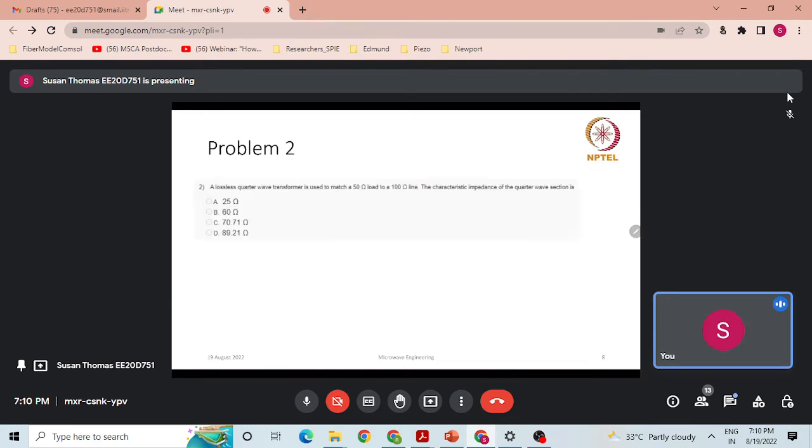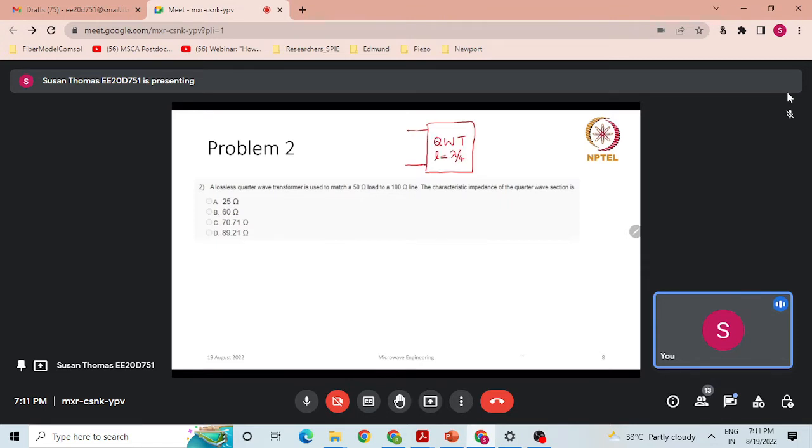So let us move on to the next question. This is about a quarter wave transformer. Before going into the question, let us give a short summary of the quarter wave transformer. Similar to what we had as a matching network, the quarter wave transformer is a transmission line having a length of lambda by 4.